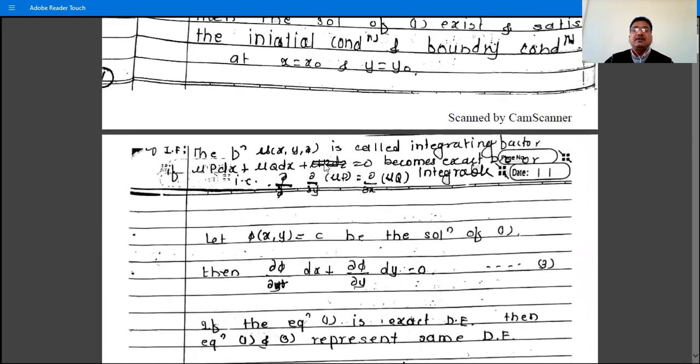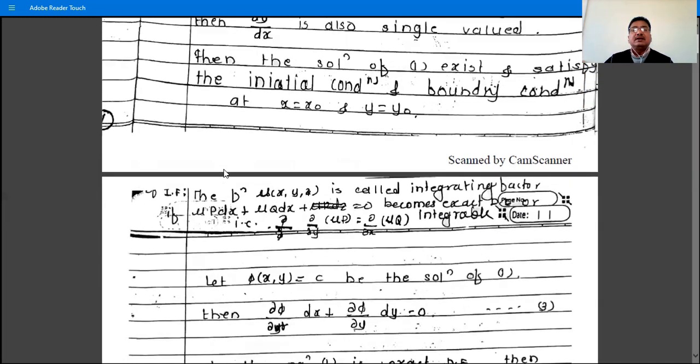Now, what is the definition of an integrating factor? The function mu(x,y), a two variable function, because we define the integrating factor for two variable functions, is called an integrating factor if mu P dx plus mu Q dy equal to 0 becomes exact or integrable.